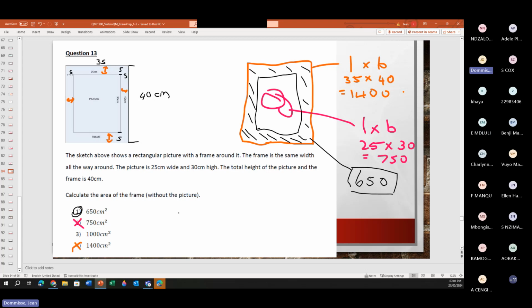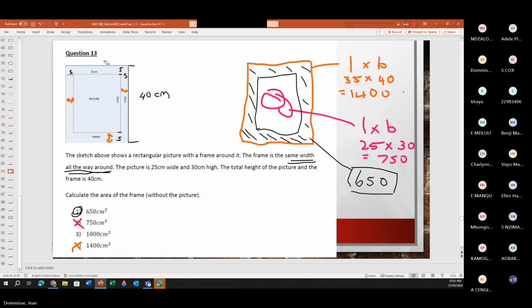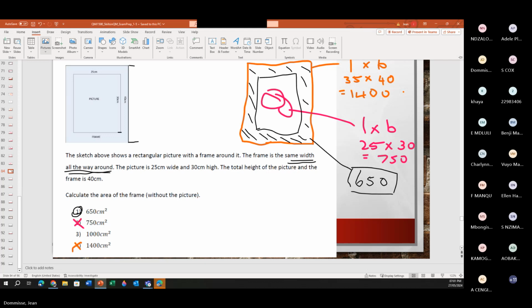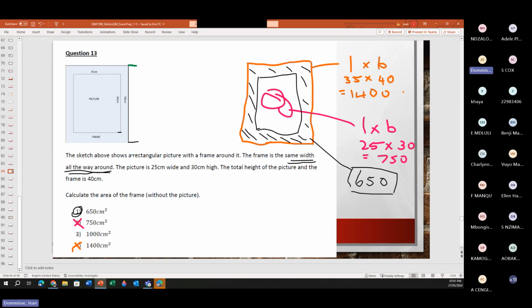Okay, so let's quickly go through it. They tell us here, the frame is the same width all the way around. So let's take that out. I know that this length is 40 centimeters because that's given.